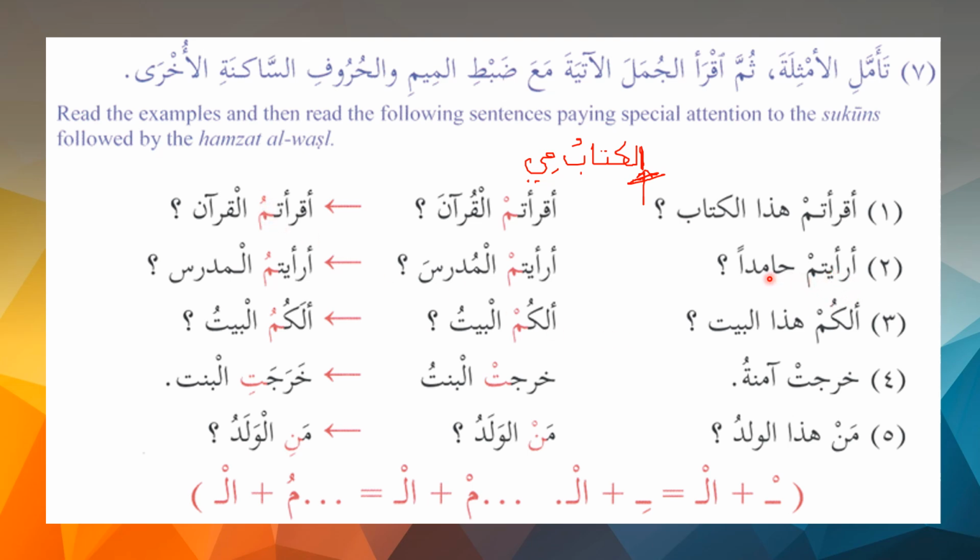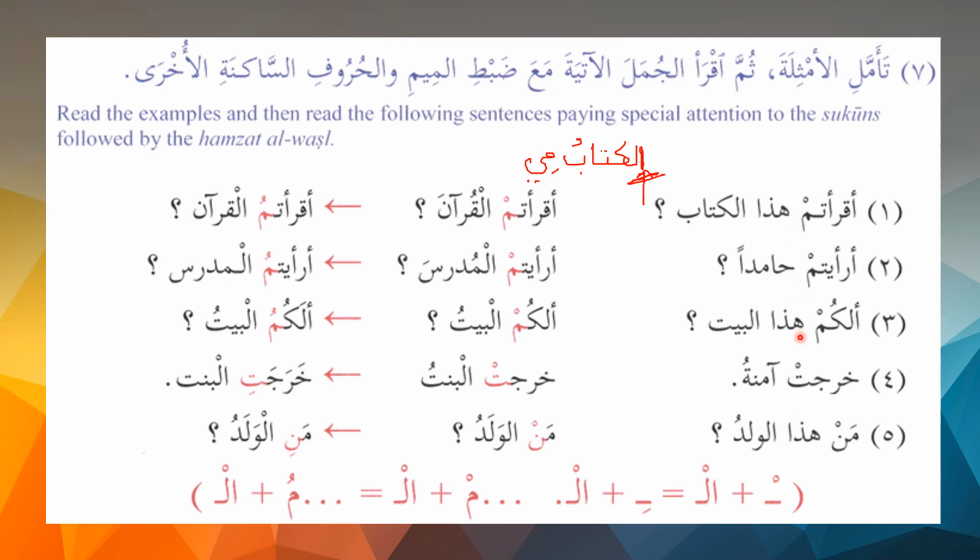Ara'aytum hamidan. Ara'aytumul mudarrisa. Have you seen the teacher? Ara'aytumul mudarrisa. Alakum hadha al-bayt. So here you can see when you read qara'tum, ara'aytum, alakum, is there hamzatul wasl in hamid or hadha?